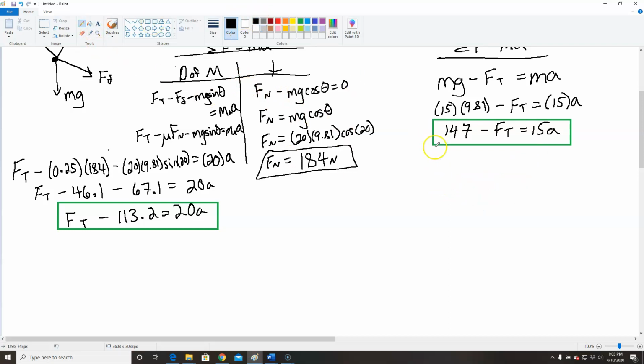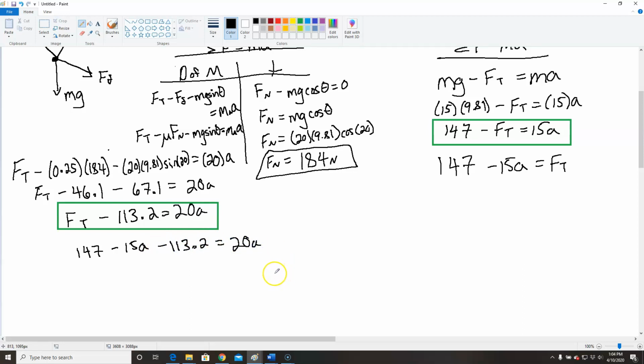As I left off, we'll solve for the force of tension from this equation here. So I get 147 minus 15a equals the force of tension. I'll plug that in for the force of tension here. So 147 minus 15a minus 113.2 equals 20a.